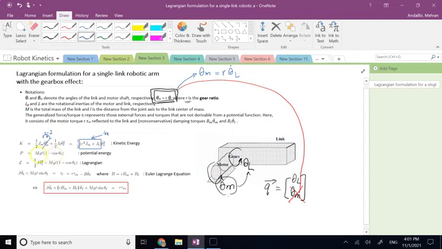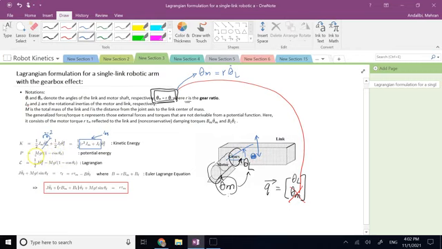The potential energy is definitely the potential energy of the link, because that's the only one that changes the Y of the centroid, right? Because the gear, the shaft of the gears and the motor, the centroid of them stays in the same place, but the centroid of the link does change its vertical position, and this change in position due to change in angle theta L is what makes the potential energy.